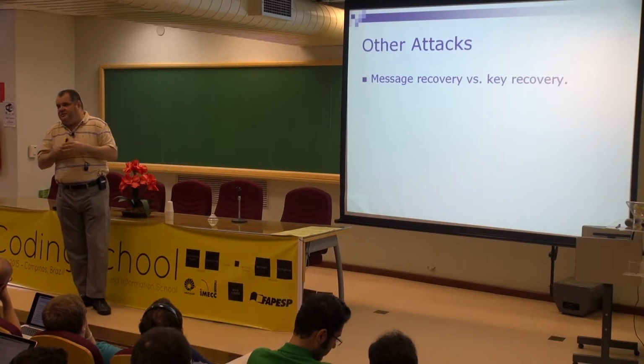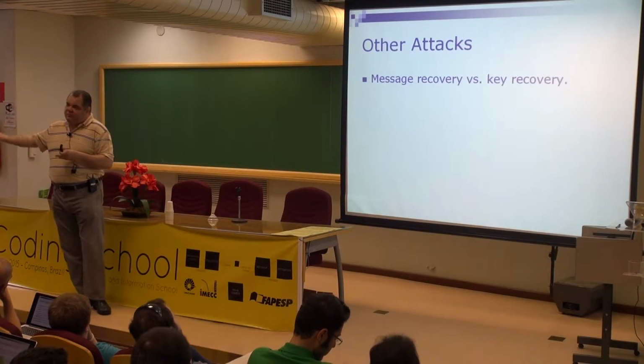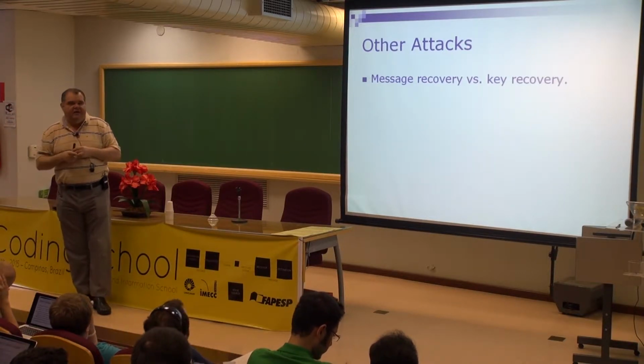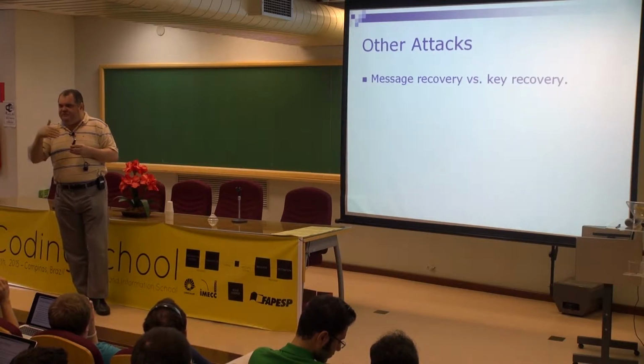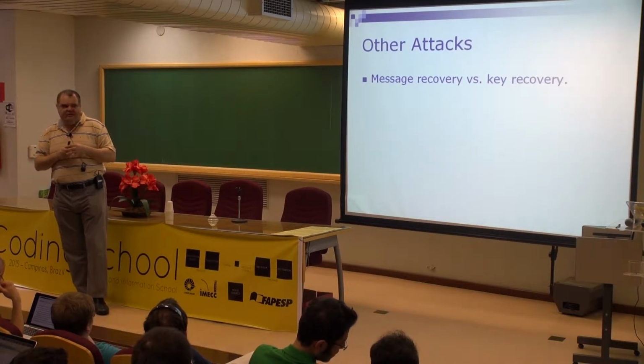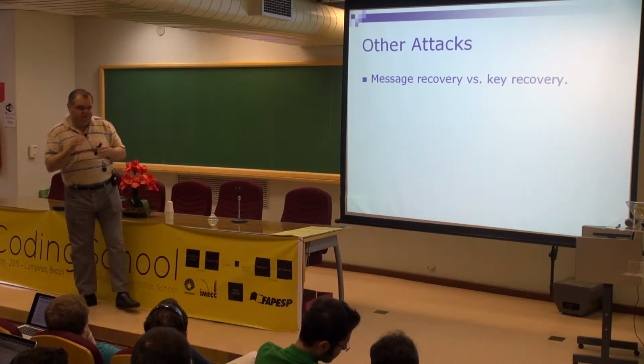So the space complexity drops from quadratic to linear, and algorithm complexity can also be reduced from cubic or quadratic to subquadratic, to something like n log n, n log squared n, according to the system.